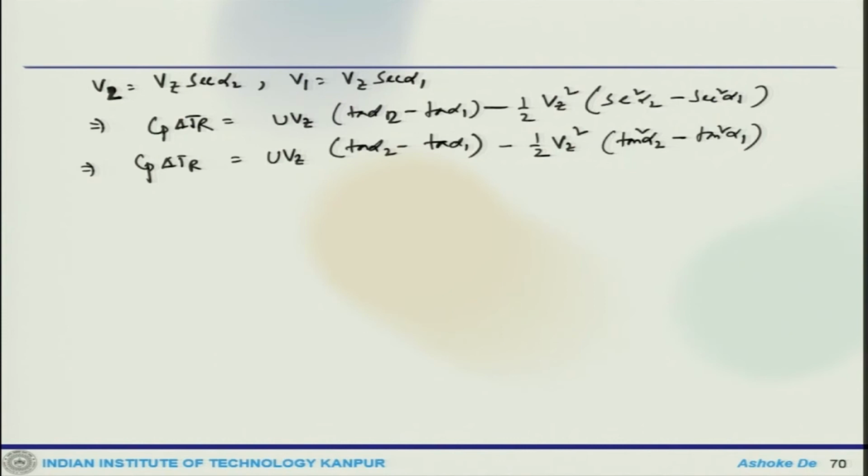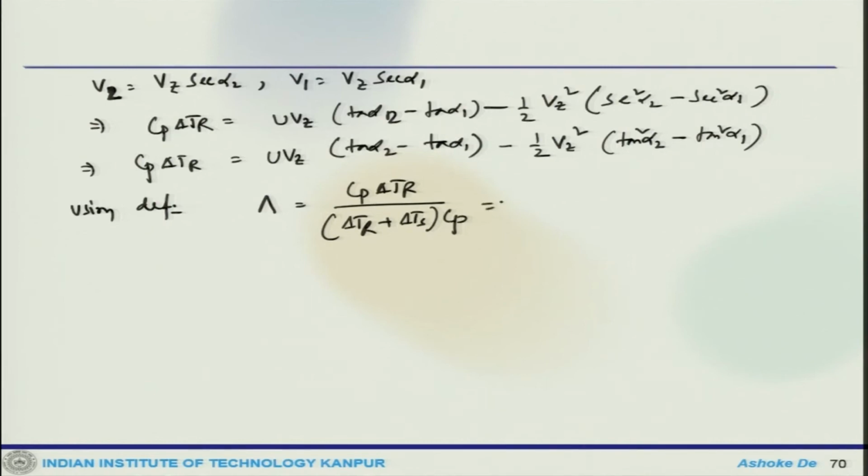Now, the definition says degree of reaction is C p delta T r divided by (T r plus T s) C p.